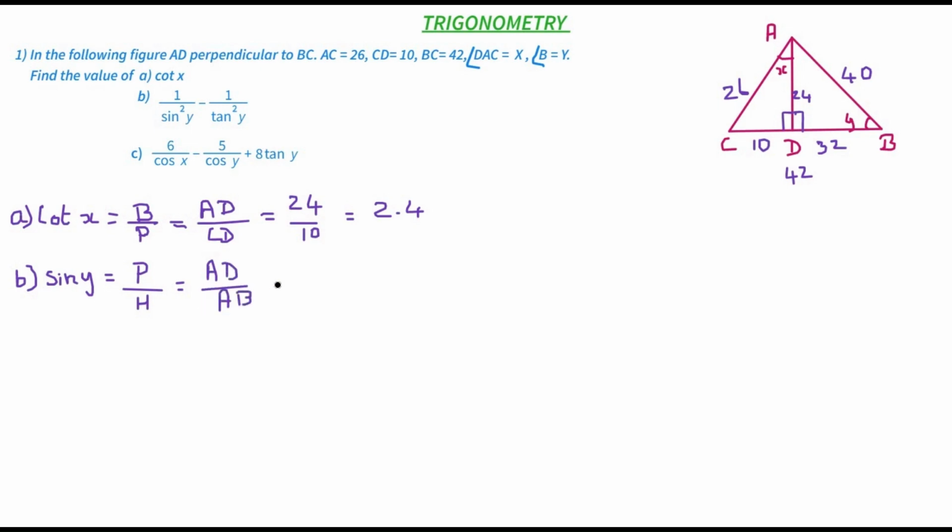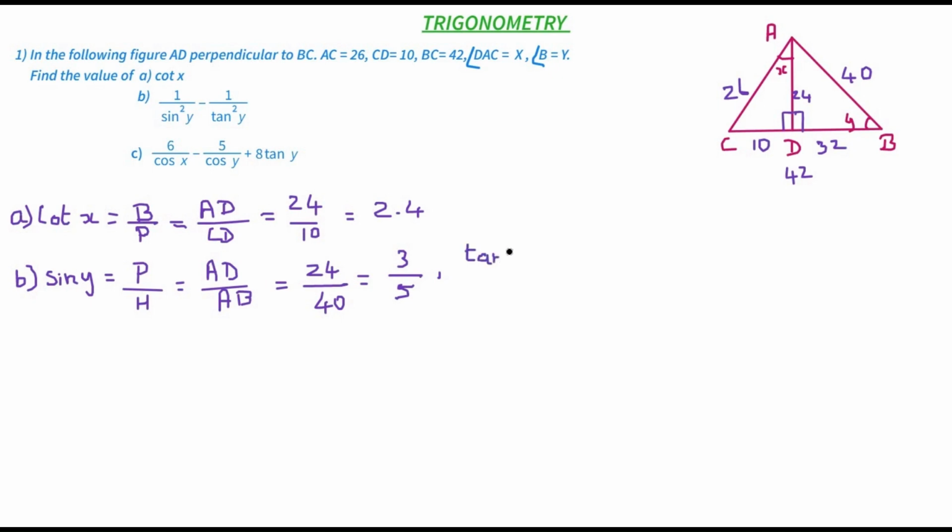AB. So what is the value of AD? AD is 24. 24 by 40. So you can stop with this, or since you can still reduce this into the lowest form, you can divide the numerator and the denominator by 8. So you get 3 by 5. Isn't it easy? Now we have got the value of sin y. Now let's find the value of tan y.